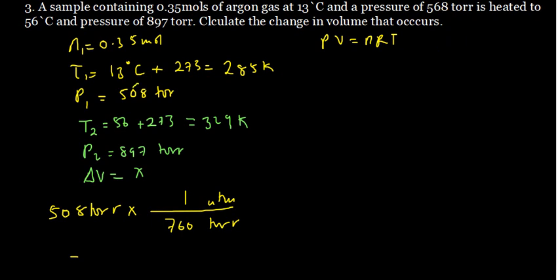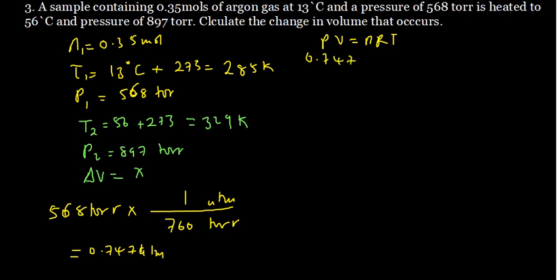I wrote 508, so that is 568. So 568 divided by 760 is going to give us 0.747 atm. So that's the one we are going to use.